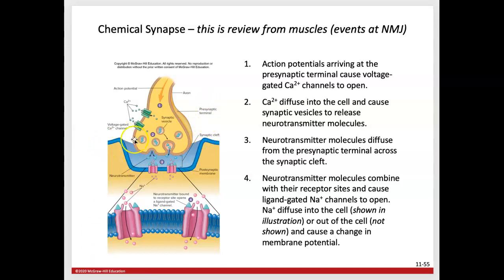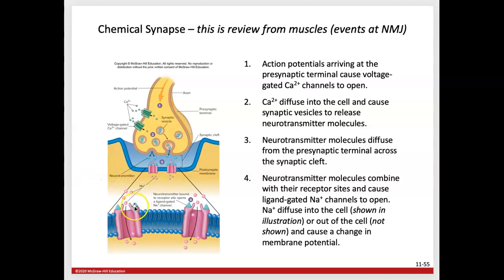Once those vesicles empty their contents, the neurotransmitters, into that synaptic cleft, the neurotransmitters will attach to these sodium channels, causing them to open, allowing sodium to either leave or enter, depending on which way. This looks like it's entering, because this is an enlargement of this section right here.